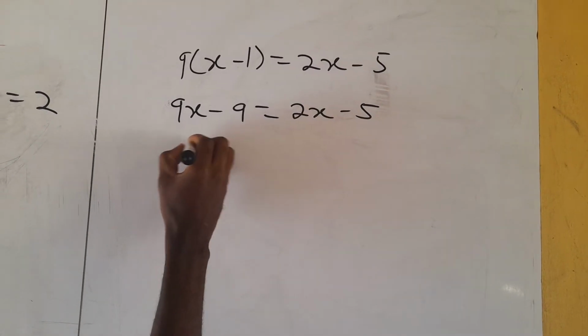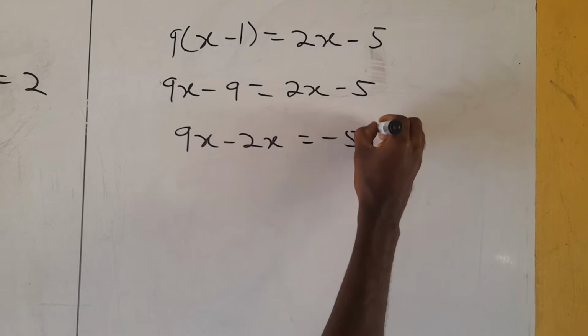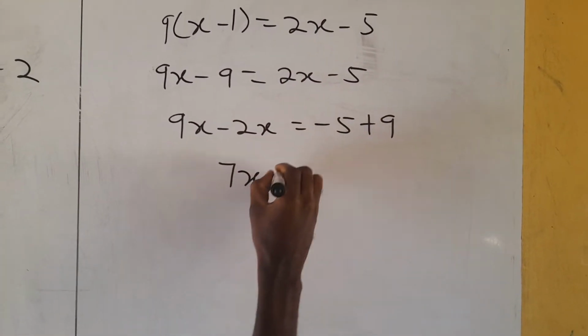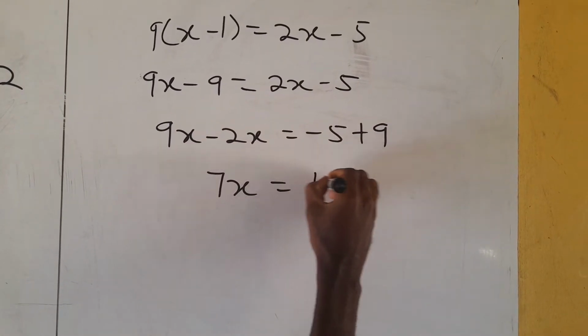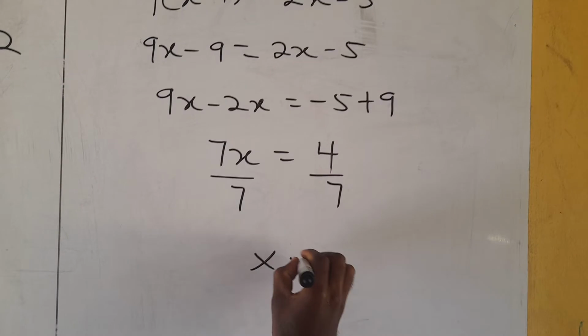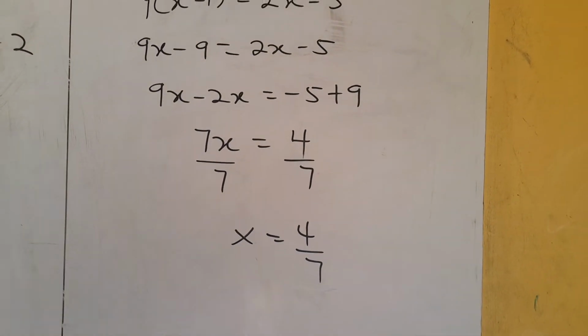We group like terms, we get 9x minus 2x equal to negative 5 plus 9. 9x minus 2x is 7x. Negative 5 plus 9 is 4. We divide both sides by 7. Our x is 4 over 7. I hope you get that.